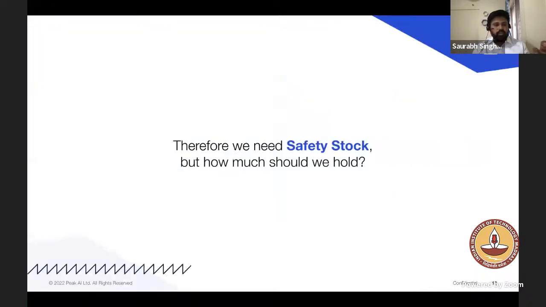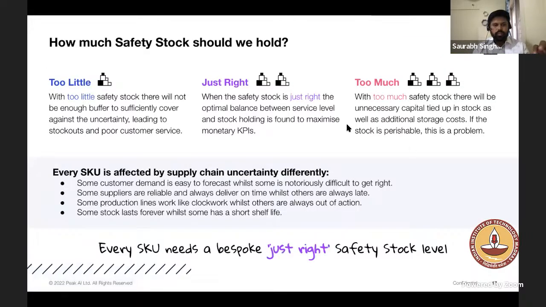So therefore we need safety stock. But as I mentioned, how much safety stock should we hold? There are different scenarios. You try to be a little meager and keep your safety stock level low.